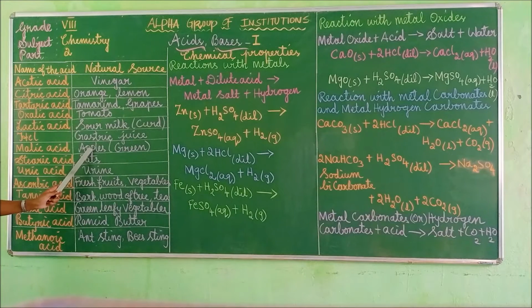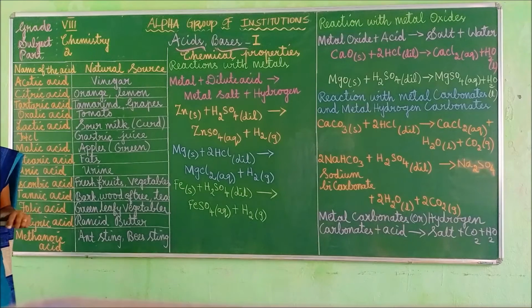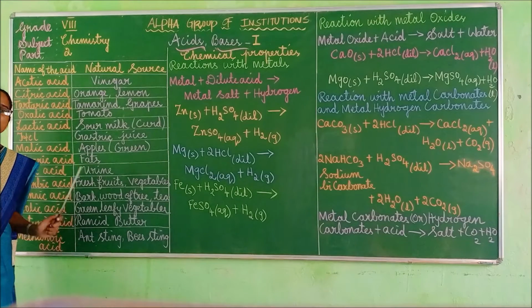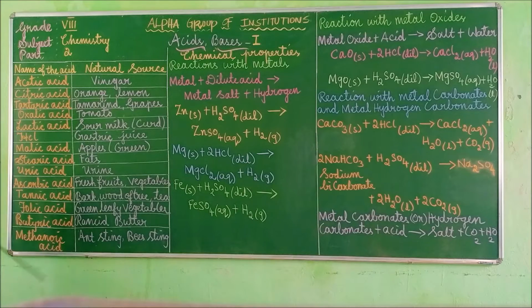Next, apples. That is, green apples contain an acid called malic acid. Okay. So green apples contain malic acid, and fats contain stearic acid. Fats contain stearic acid. Even urine contains an acid called uric acid, right? Urine contains an acid called uric acid.